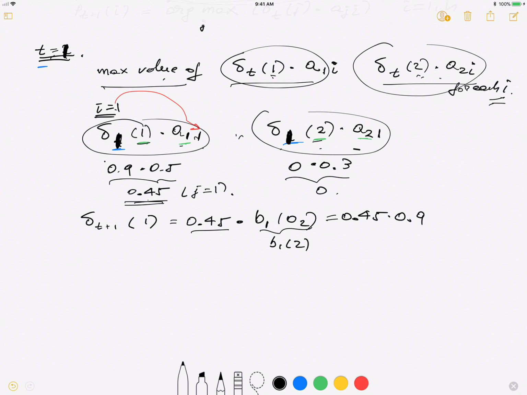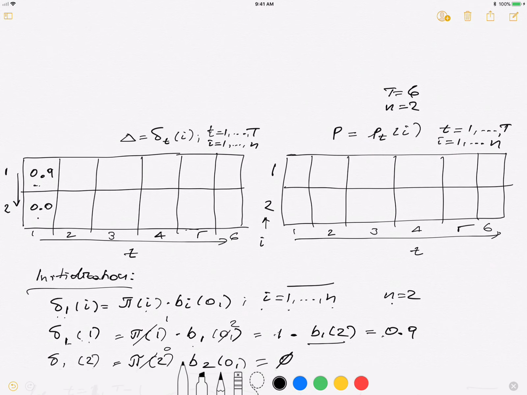Stay tuned. 0.45 times 0.9, if I'm right, gives 0.405. And since t was 1, delta of t plus 1 would be delta 2 of 1. Delta 2 of 1 is 0.405. This is delta 2 of 1.